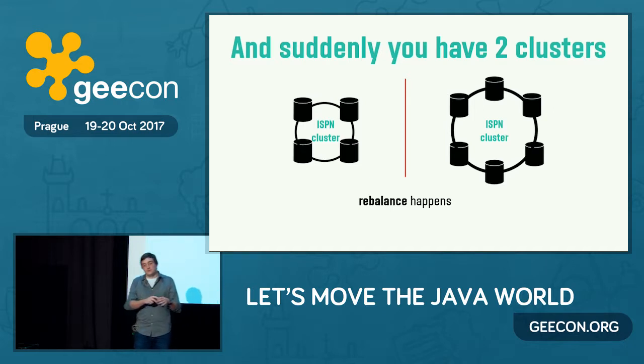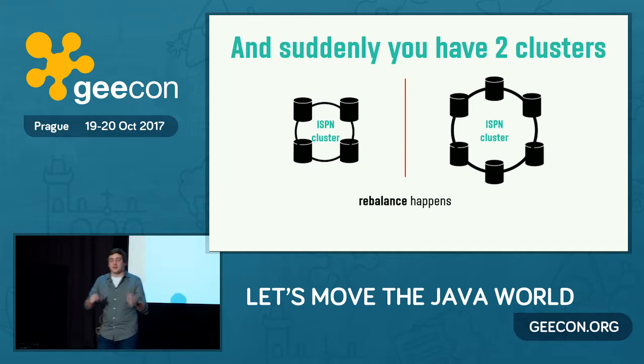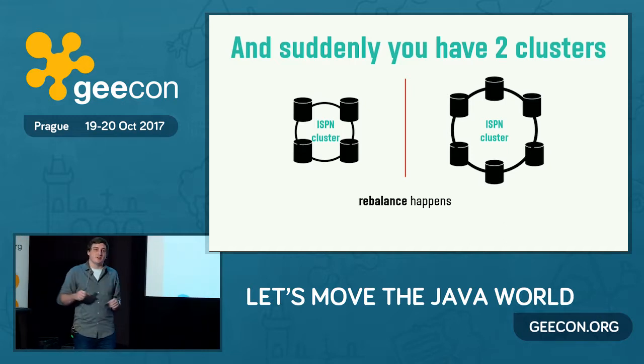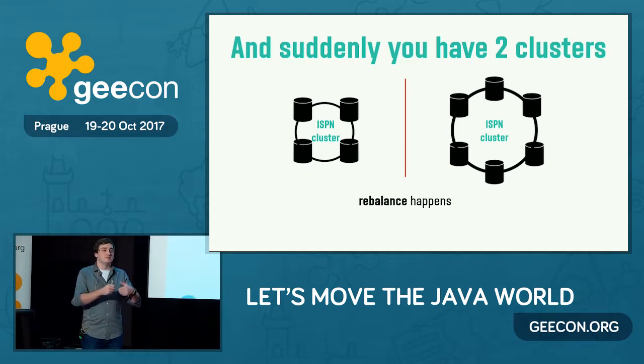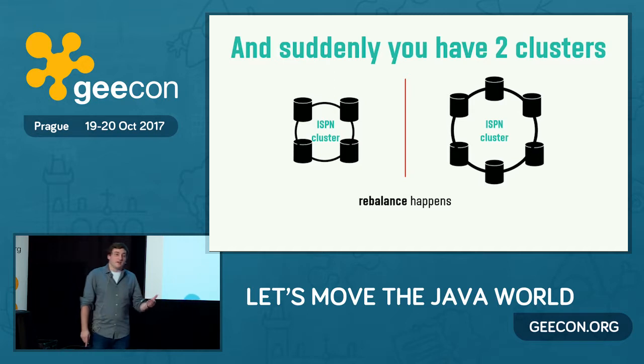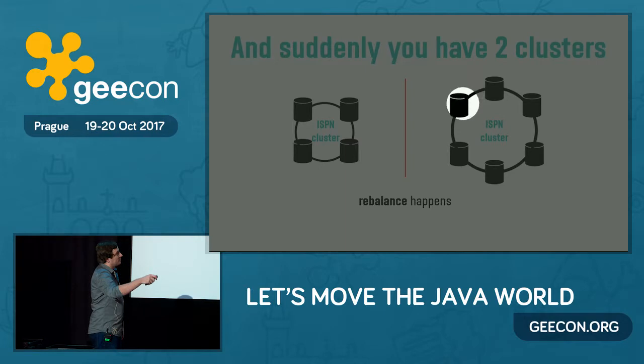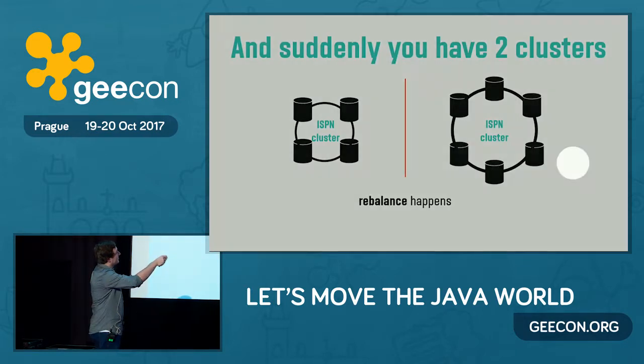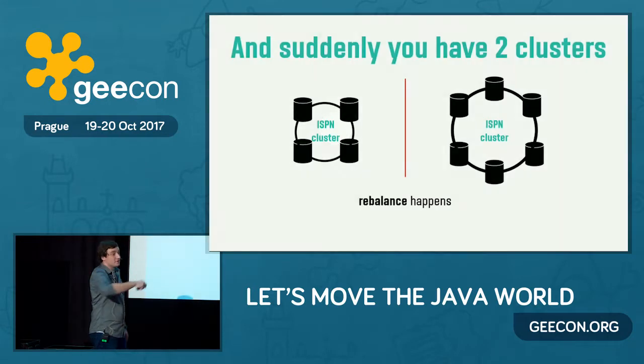So it will try to ensure that on both sides of the cluster there are at least num owners replicas. What is also happening here is that you can have keys, or rather data, which are stored here and here, and it means that the data is not available in this cluster, and you need to work with that.